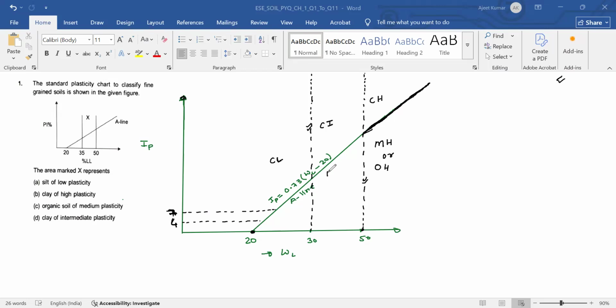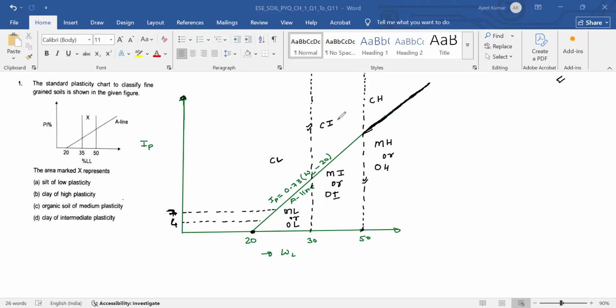And this is silt of intermediate plasticity or organic soil with intermediate plasticity, and this is silt with low plasticity or organic soil with low plasticity.